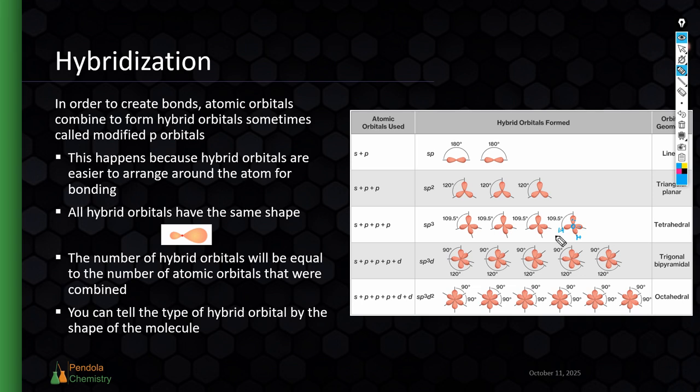That will be water. That will be a bent structure. Tetrahedral is the shape of the orbitals, the orbital geometry, not necessarily the geometry of the molecule itself. So a molecule that is bent like water could be formed from sp3 hybrid orbitals. Moving on.